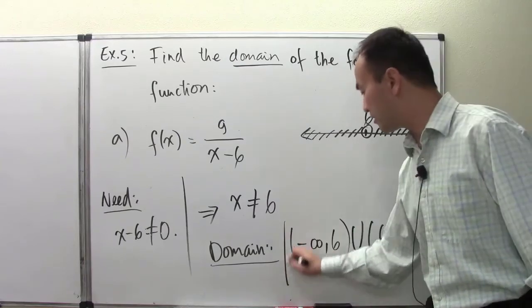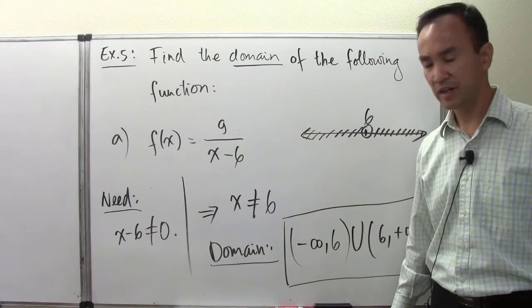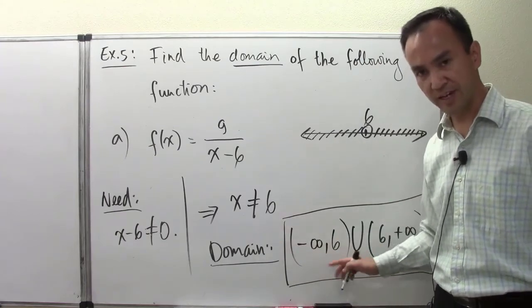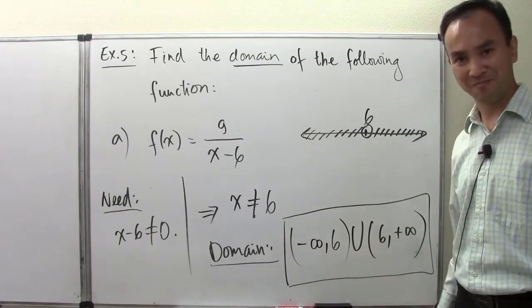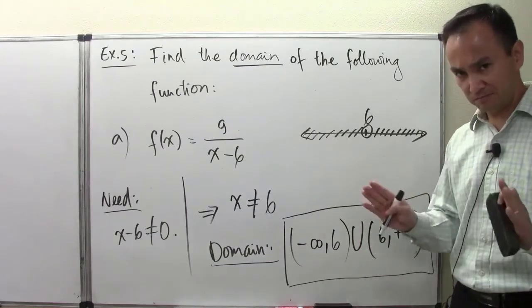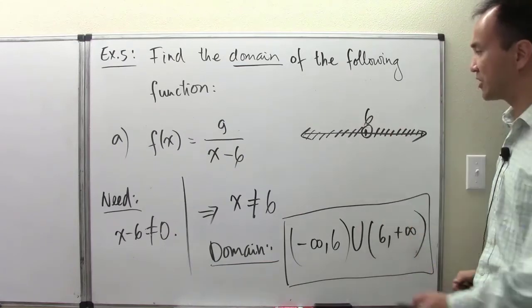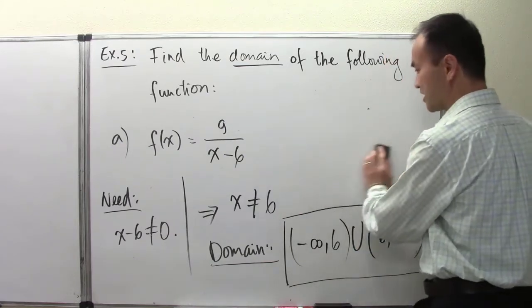That is now our formal domain, the final answer expressed in interval notation. All right, so that's the idea. Hopefully you start drawing out some generality from this problem. Now let's move on to another problem to enhance your understanding.